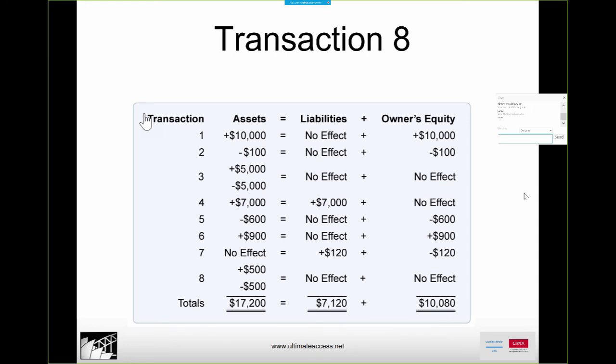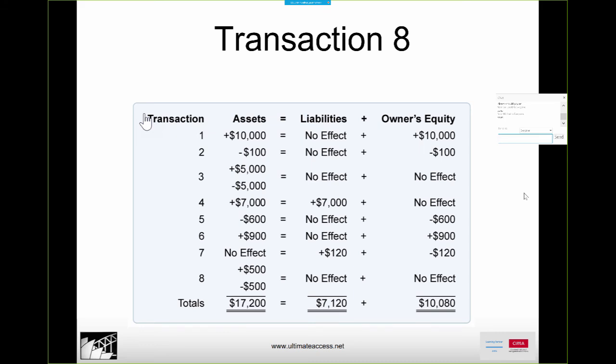So, because we have not paid it, the liability has increased, but owner's equity has come down, because this expense will reduce my profit, correct? My profit will get reduced, therefore my owner's equity will reduce by the same amount.